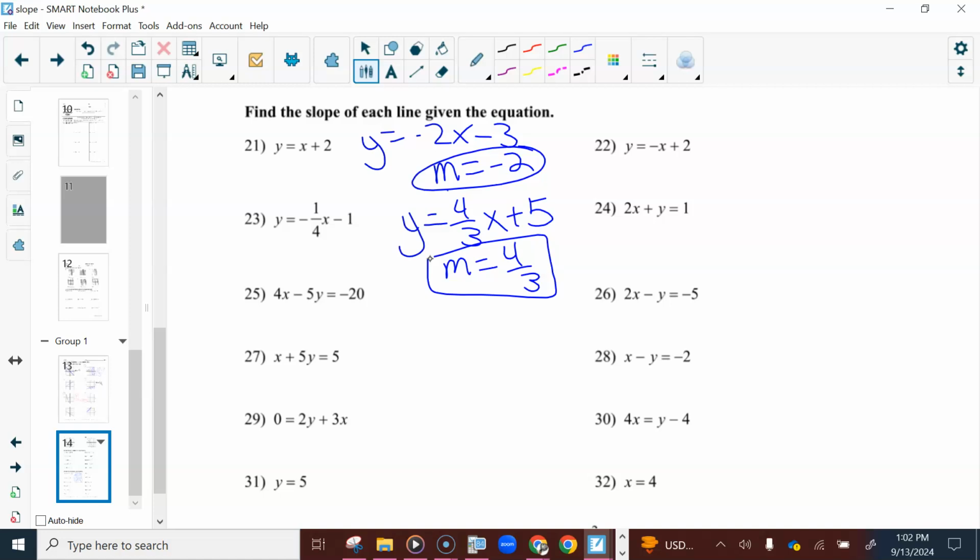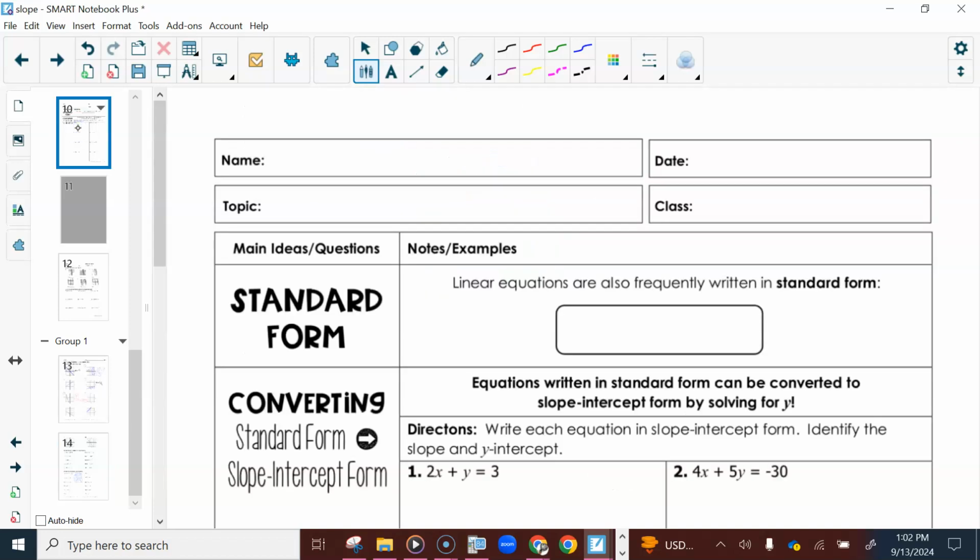All of this stuff is done. Alright, go back to this page. So we talked about slope-intercept form. Standard form you may see, and we have to convert it back to slope-intercept form.